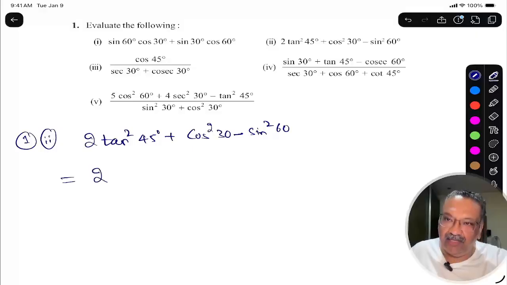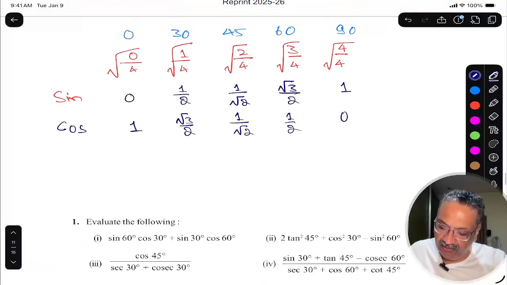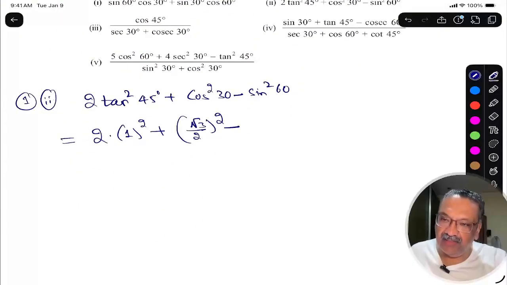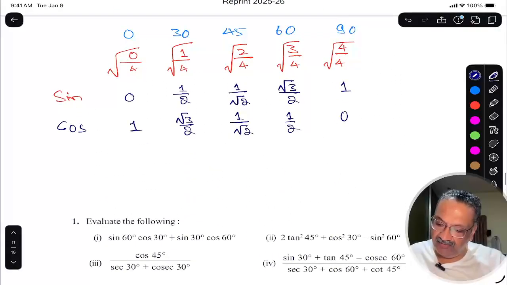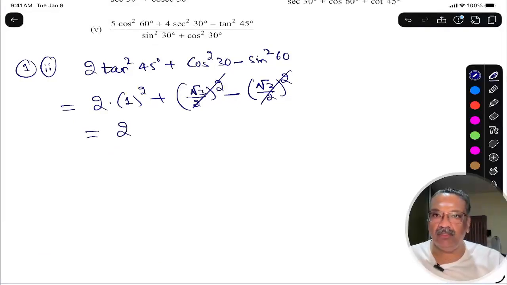Tan 45 is nothing but 1 square, plus cos 30 is root 3 by 2, root 3 by 2 whole square, minus sin 60 is nothing but cos 30, that is root 3 by 2, whole square. Okay, this and this cancel, so we are left with answer 2.